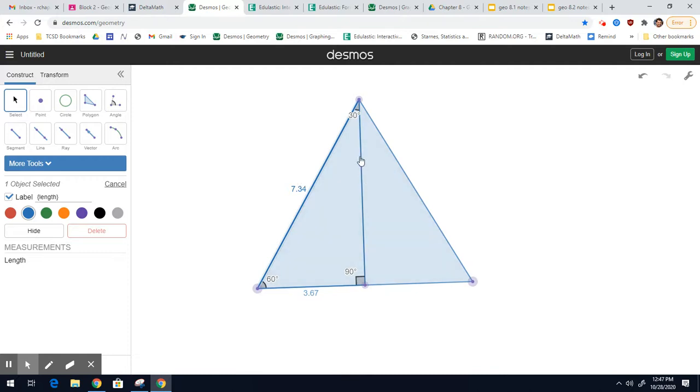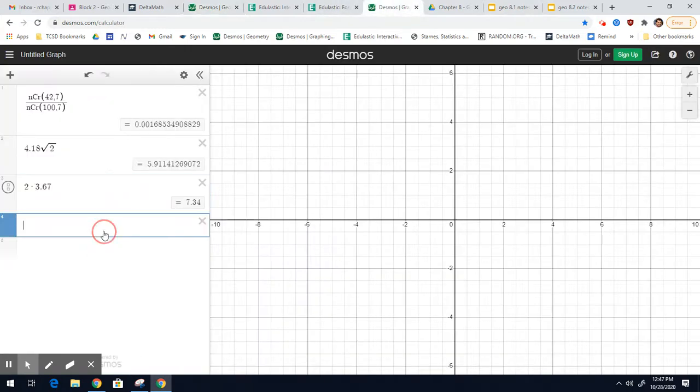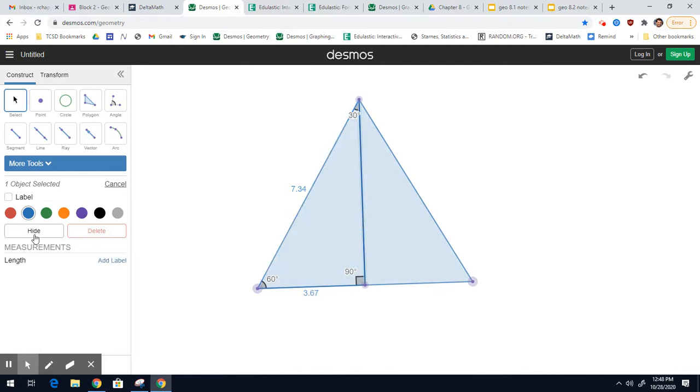Now, this, which we call the longer leg, has a special relationship with the short leg. It's going to be the square root of 3 times the short leg. So if I come here, square root of 3 times 3.67 is 6.356, so 6.36, rounded. There you go. And that is a 30, 60, 90 triangle.